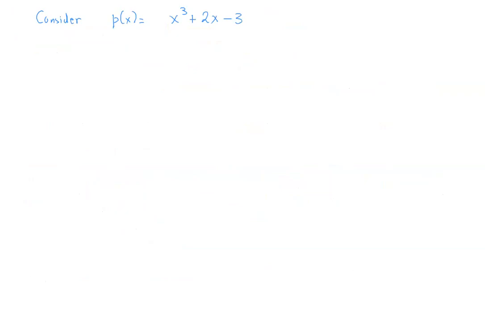Okay, then notice that p of 1, if you plug in 1, what do you get? You get 1 cubed plus 2 times 1 minus 3, which is exactly 0.